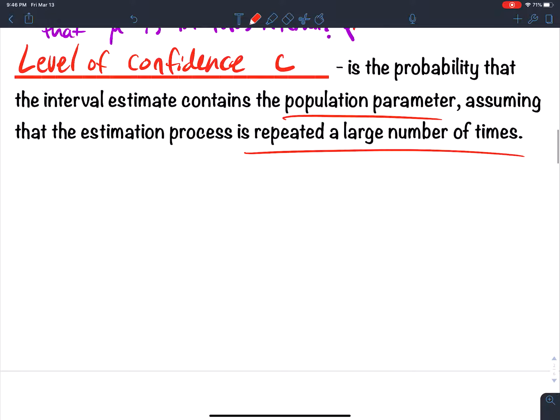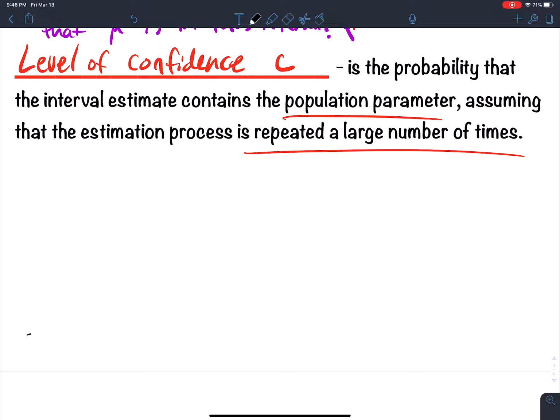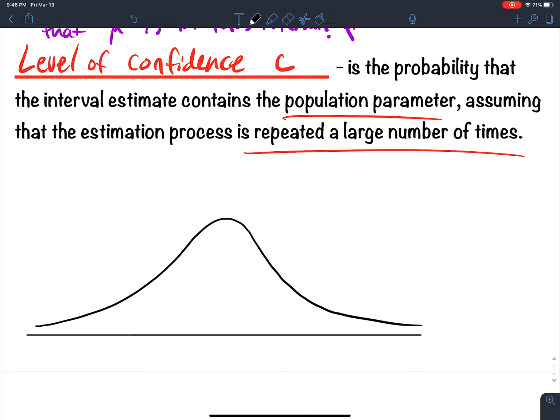So, let me try to draw this up in a picture. Look how beautiful that normal curve is. It's like I've done this 1,000 times. Okay. What's in the middle? Always z equal to 0 with our standard normal.